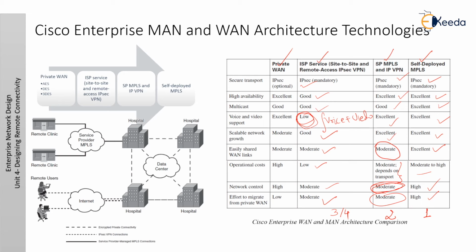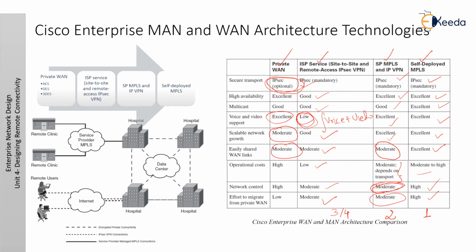Okay, because it is not always so: voice and video support is excellent in case of private WAN. Private WAN is excellent in all the things except easily shared WAN links. Scalable network growth is also moderate, but the IP security is optional because it is our private WAN. So whether we need to install IP security or not, it is on us only.